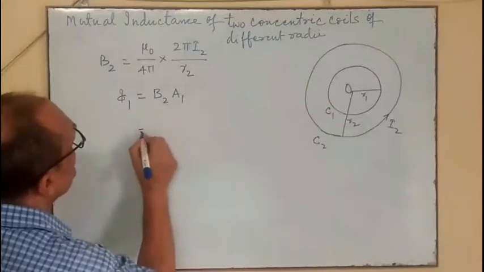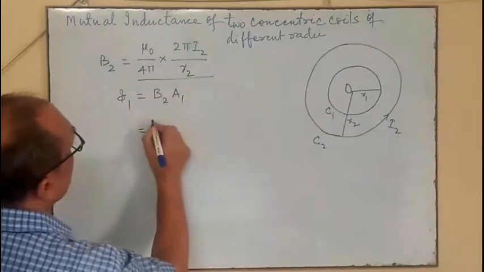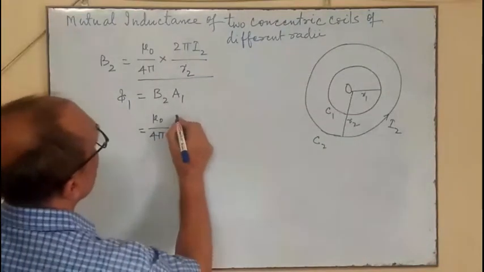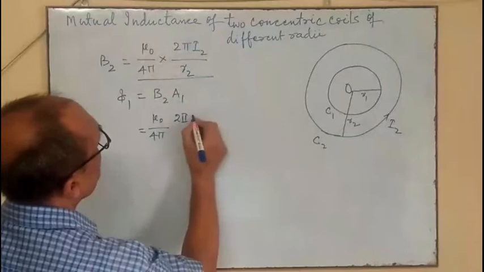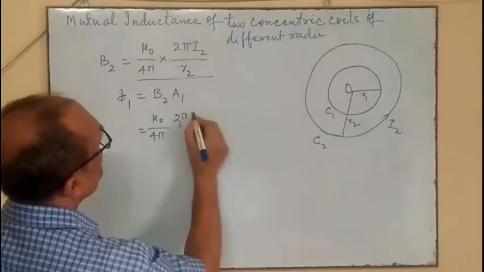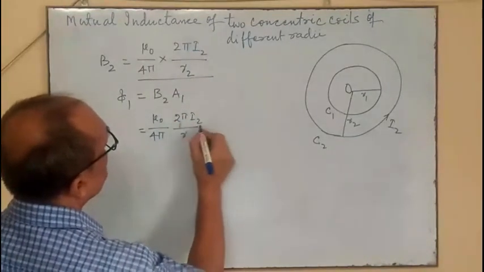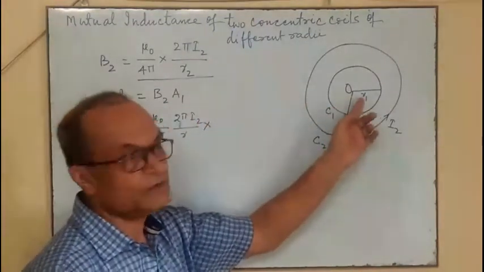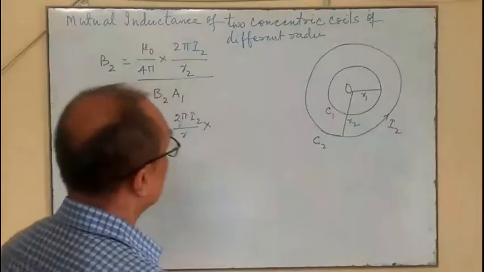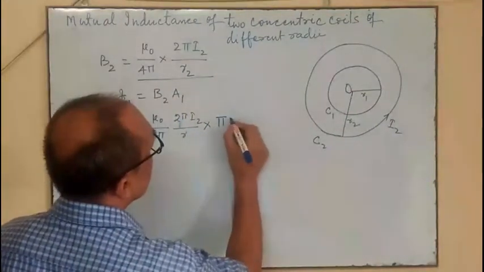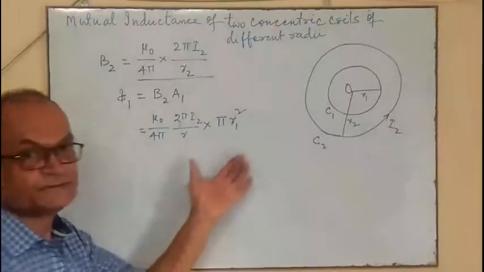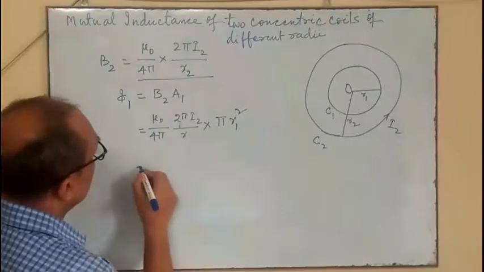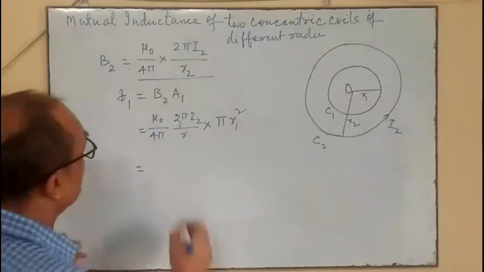So the value of B2 is, from here, we can write mu naught by 4 pi into 2 pi I2 by R2 into the area of the first coil, this C1. This equals pi R1 square. This is the phi 1. This can be written as mu naught by 4 pi.